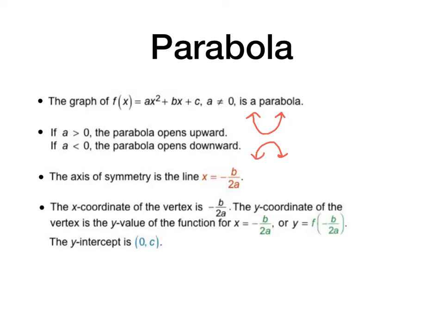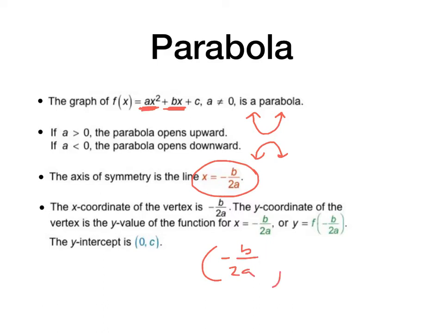So now we have our axis of symmetry is x is equal to negative b over 2a. So this equation right here is going to tell us what our axis of symmetry is. So we're going to use b from here and a from here. Negative b over 2a. And then we're going to take what we get for our axis of symmetry, and that's going to be our x variable in our vertex.